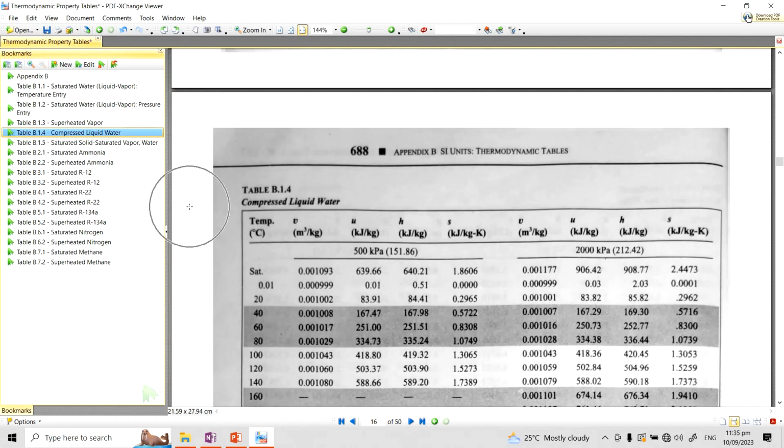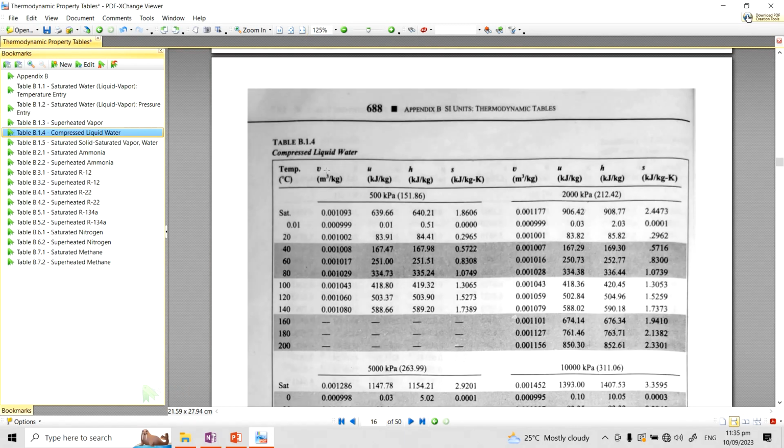Then we also have compressed liquids. Again, you will see there is no subscript f, fg, and g. It's simply because we are not in the saturated mixture region, but rather we are somewhere here. So that is why we only have one value for v, u, h, and s, and here v, u, h, and s. So same temperature, and we have this pressure. Almost the same as the superheated vapor.